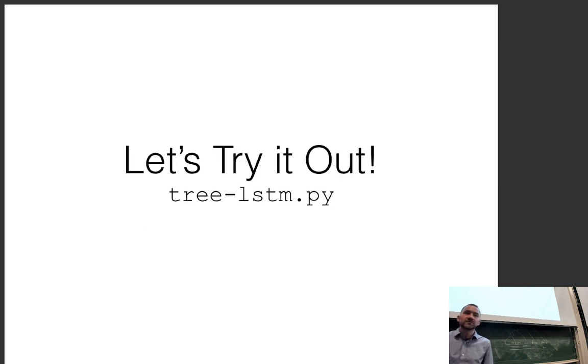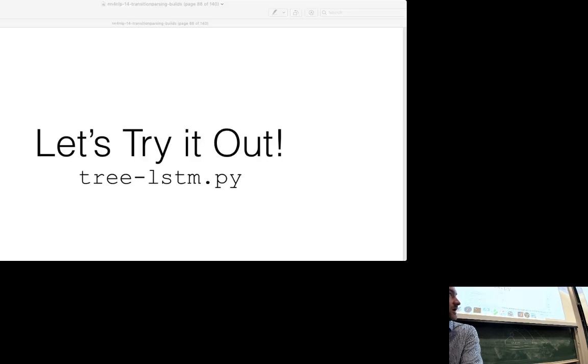And we have an example of tree LSTMs here. I think one nice thing about this example, I can actually show the example on the website. So this shows how easily you can implement something like this.